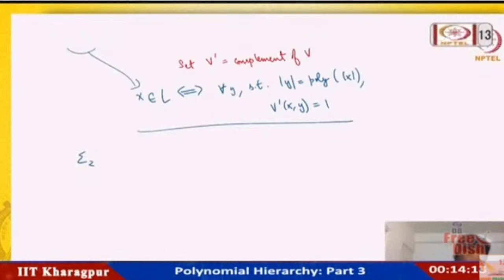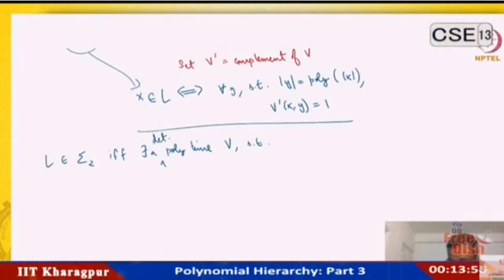We'll say L is in sigma 2 if and only if there exists a deterministic polytime verifier V such that x is in L if and only if there exists y such that for all z, V x y z equals 1.